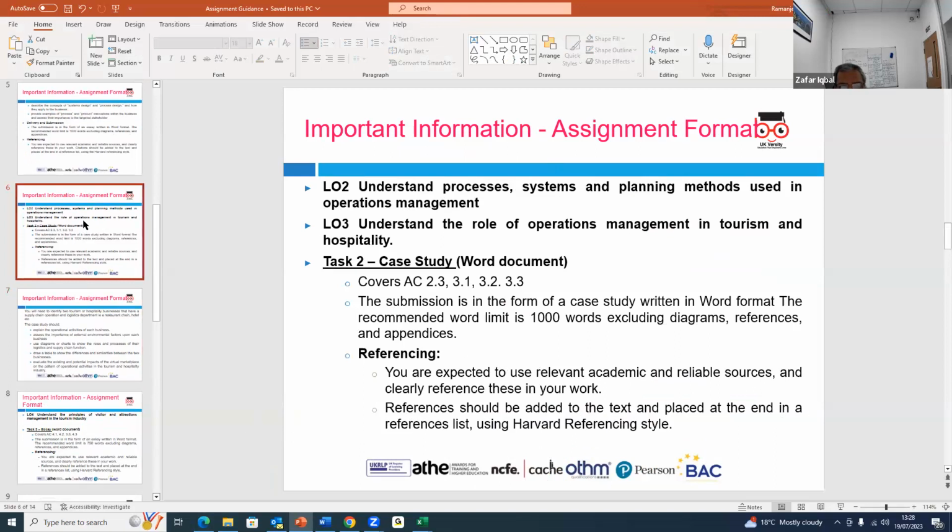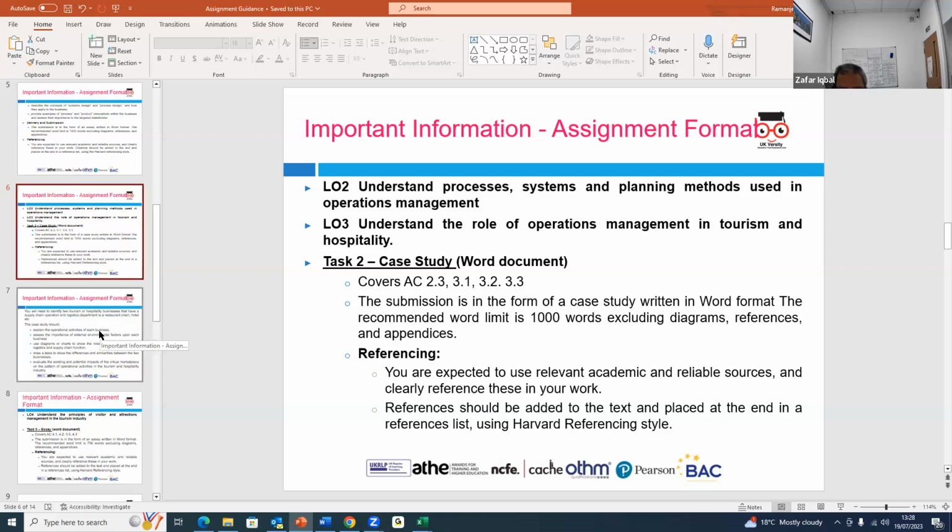It's again 1,000 words, excluding your diagrams, your references, your appendices. It should be in the form of a case study in Word format, 1.5 line spacing, with proper references, excluding the diagrams, tables, references or appendices.